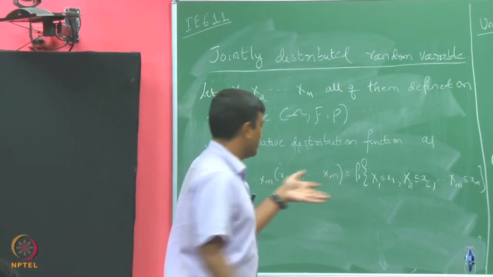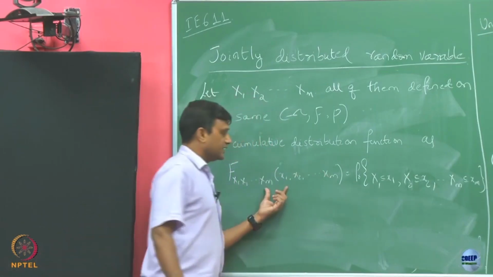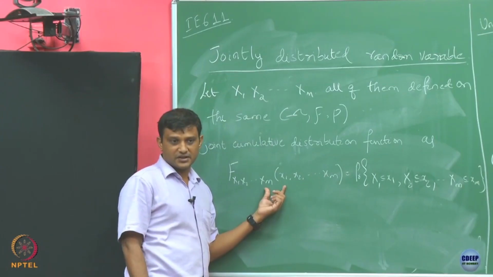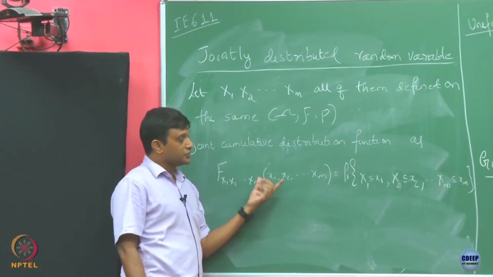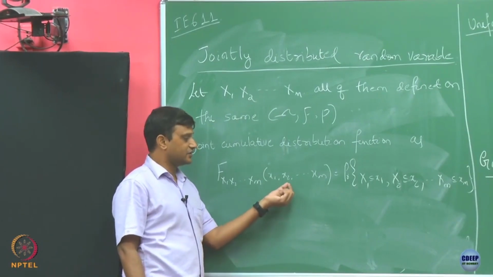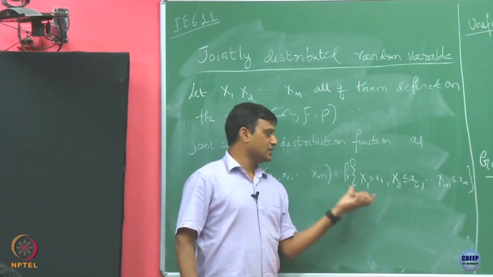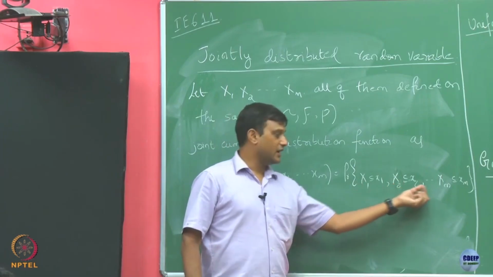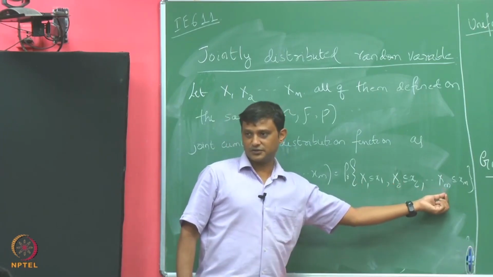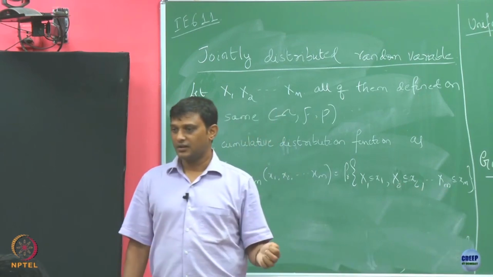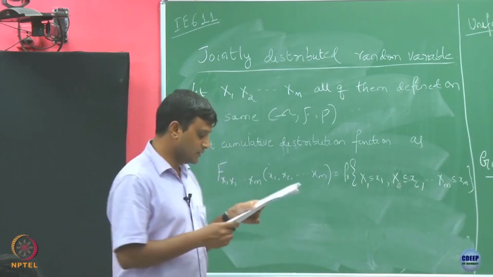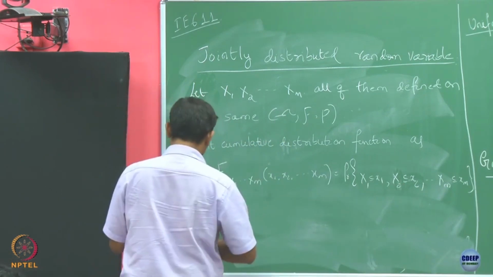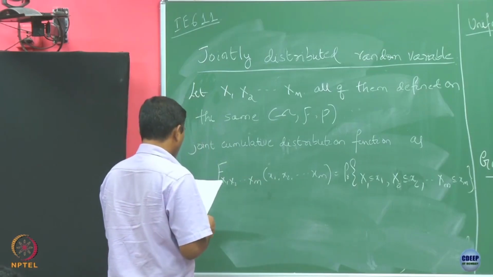How I am defining the CDF, the cumulative distribution function at the point x1, x2, up to xm, is as the probability that X1 is less than or equal to x1, X2 is less than or equal to x2, and all the way up to Xm less than or equal to xm. So this is what I call my joint CDF.